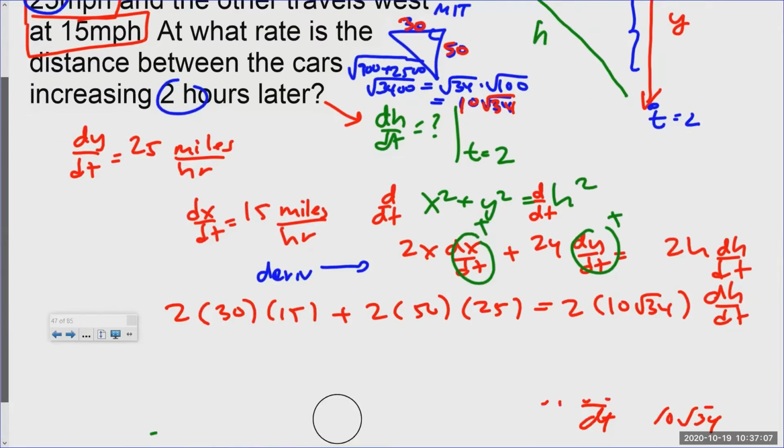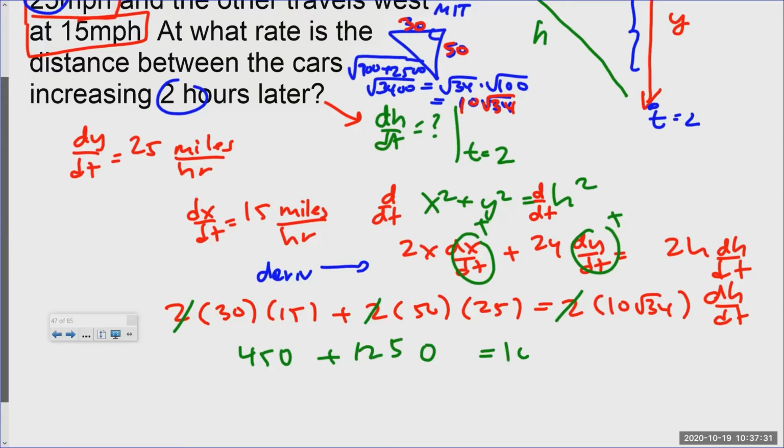All right, so let me go ahead and figure this out. You could actually divide everything by 2, both sides. And so this becomes 30 times 15, which is 450, plus 50 times 25. I'm about to reach the limit here of my math. 1250 is equal to 10 square root of 34 dh dt.